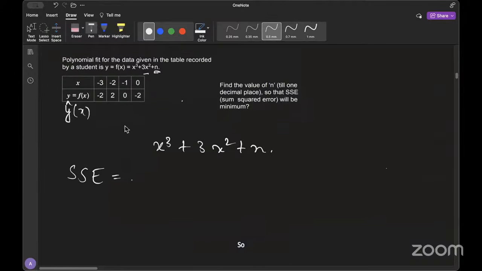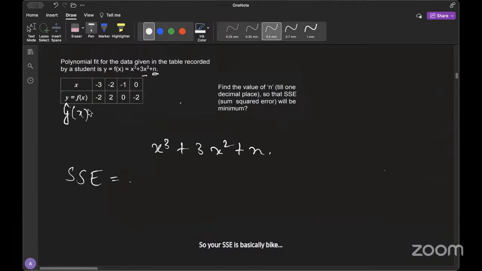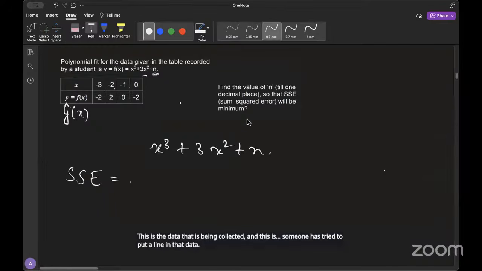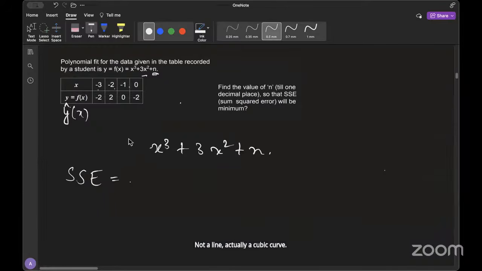So your y cap x is what you get when you substitute x equals these values in this function. This is the data that has been collected, and someone has tried to fit a line in that data, actually a cubic curve.